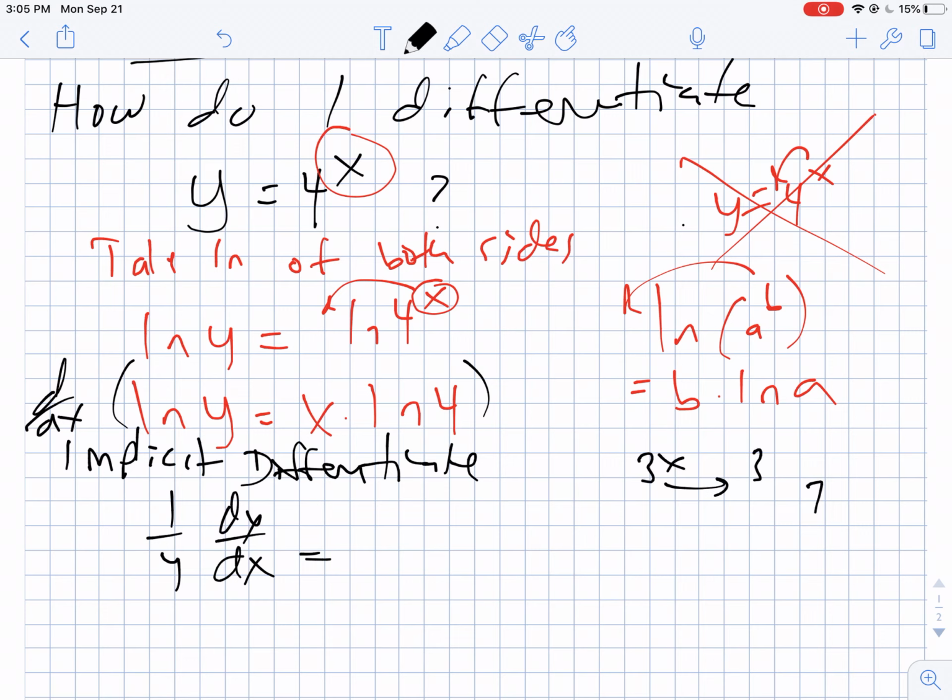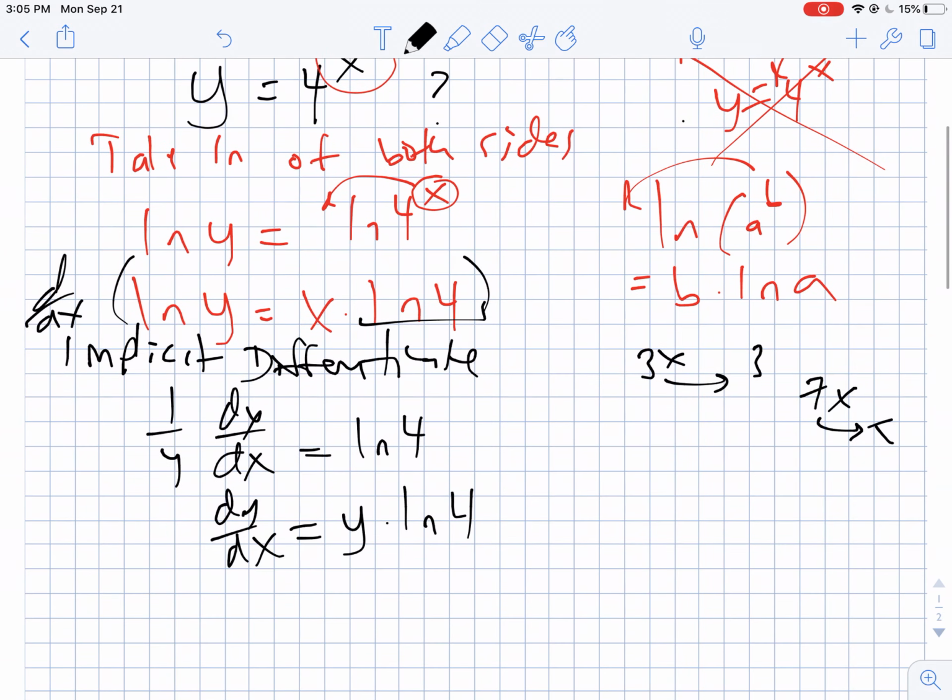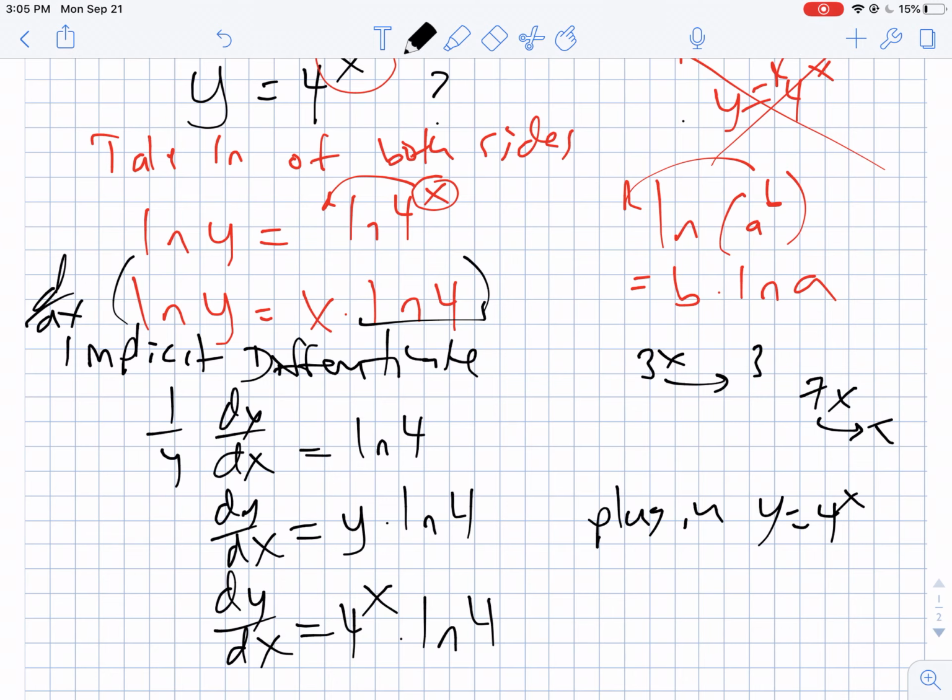If you take the derivative of 7x, that's 7. ln of 4 is just a constant like that. So the derivative of ln 4 times x is just ln of 4. So your dy/dx is equal to y times ln of 4. And then from here, the only thing you can do is plug in your equation for y. We started with y equals 4 to the x, so the derivative of that is equal to 4 to the x times the natural log of 4.